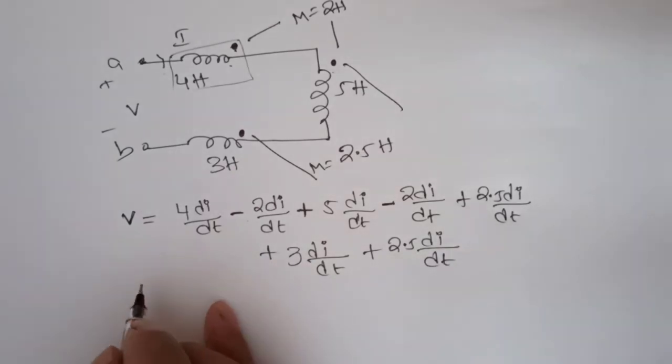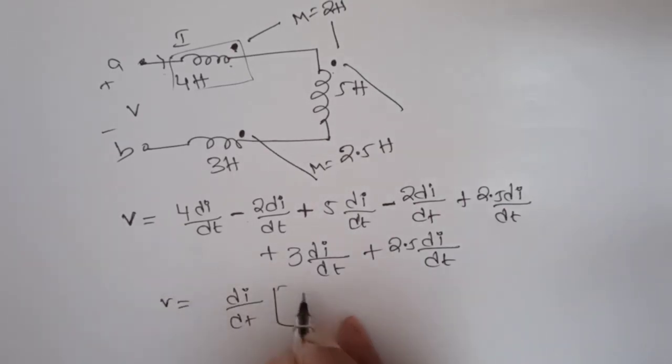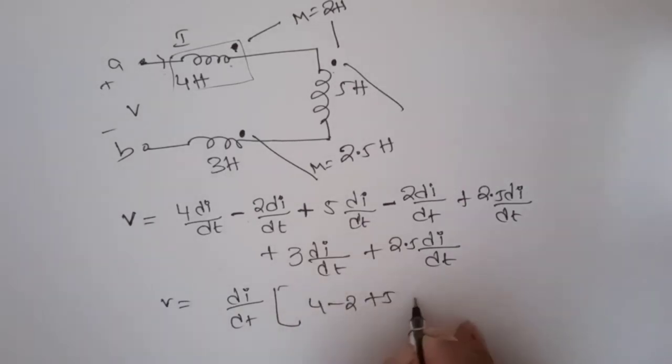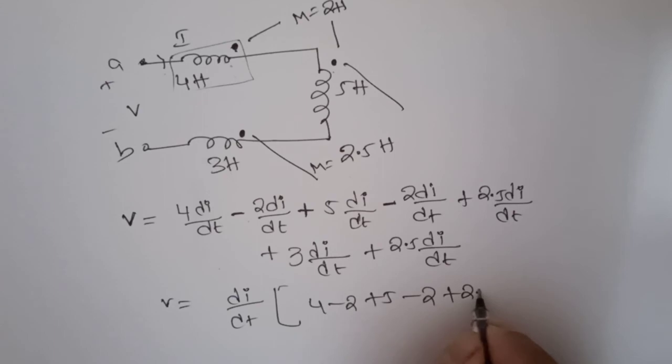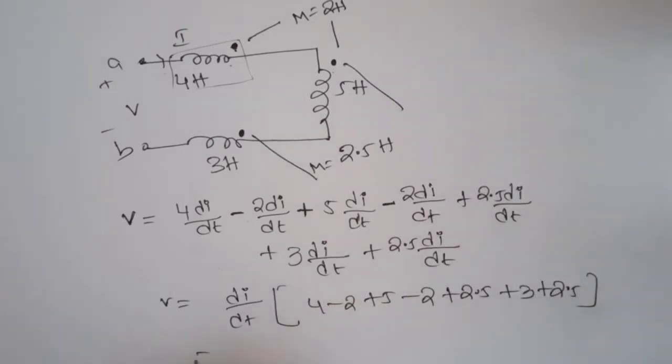This way we can find the total effective inductance. V equals, if we take di by dt common, 4 minus 2 plus 5 minus 2 plus 2.5 plus 3 plus 2.5.